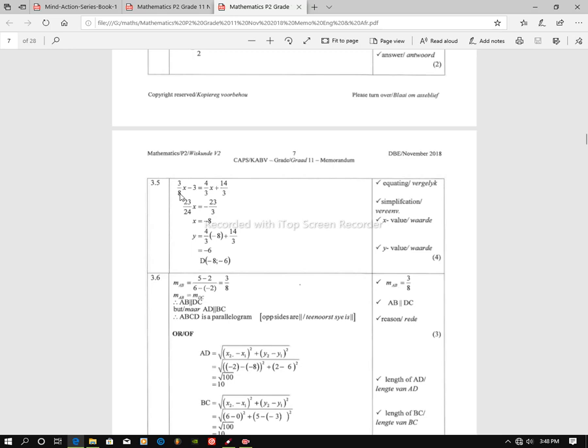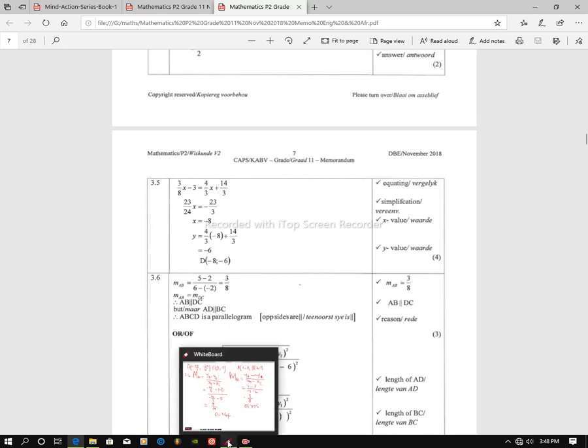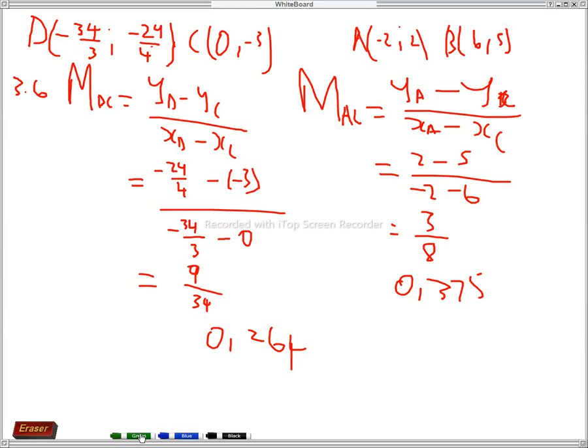It was 8 over 3 minus x 4 over blah blah. Maybe we did not apply the correct mathematics there. We were supposed to cross multiply, maybe. So let's go back and check what we did wrong there.